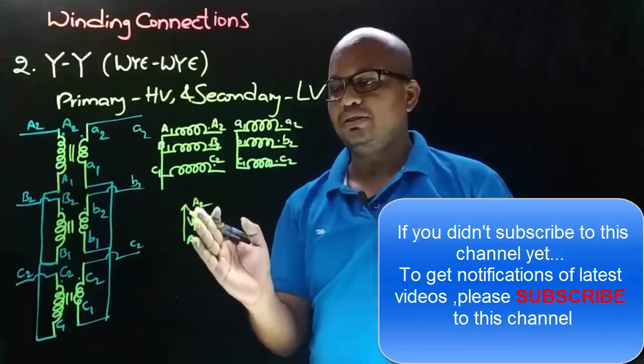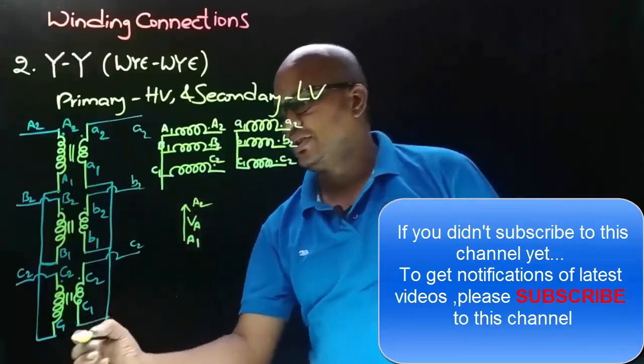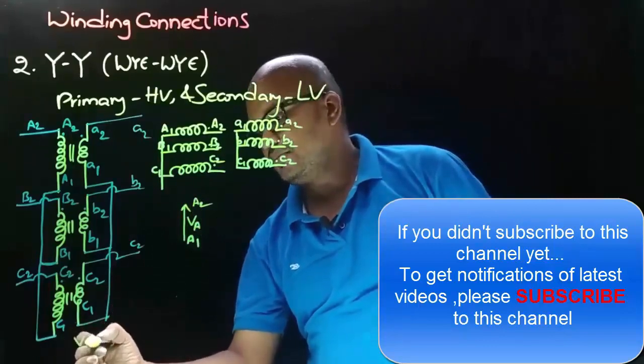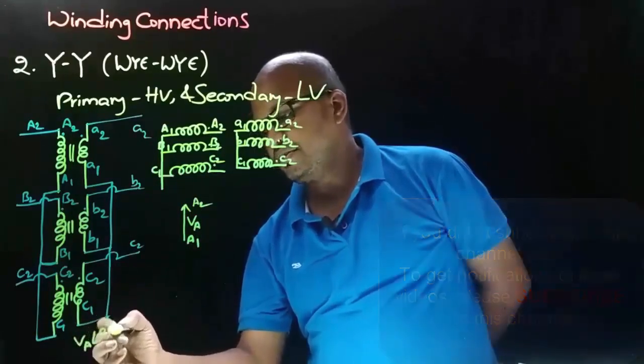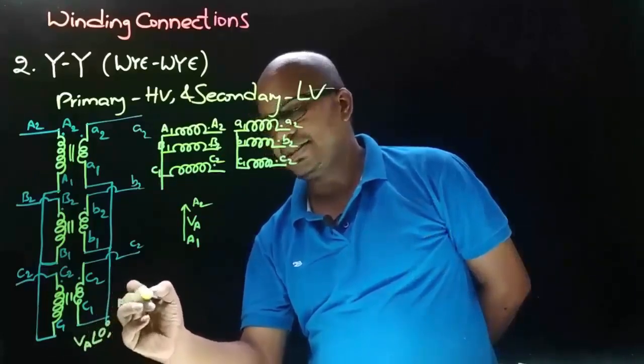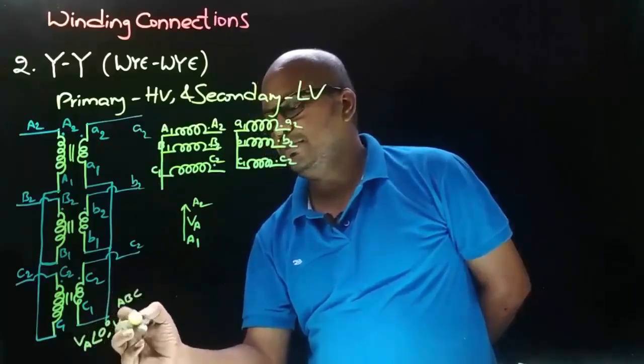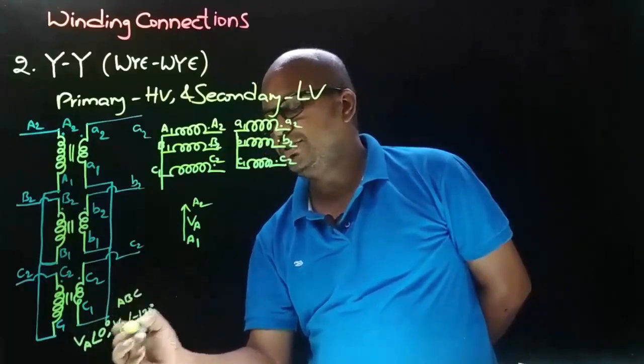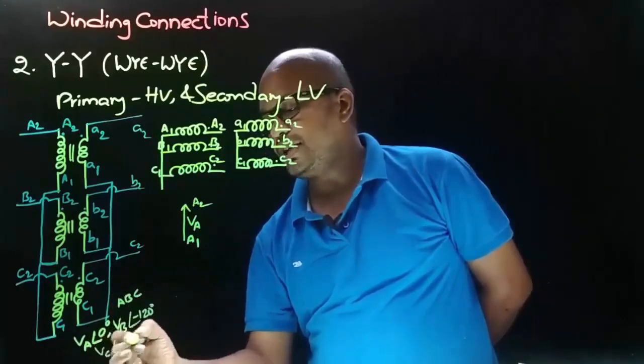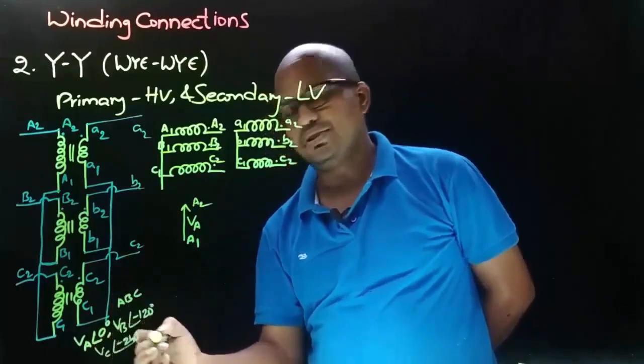And now we need to draw the VB phasor and VC phasor. So in three-phase system, it is known that if VA is taken as reference for ABC phase sequence, VB will be at an angle minus 120 degrees and VC will be at an angle minus 240 degrees.